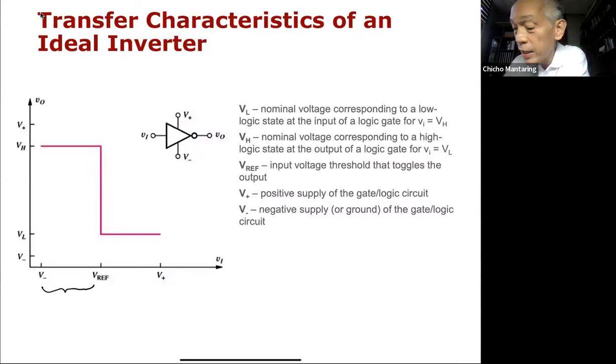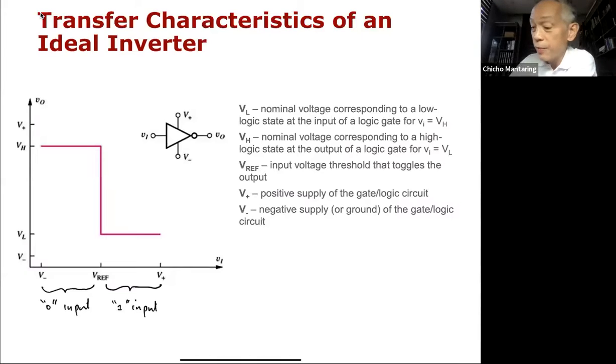This is my input, and this is my output. This is recognized as the range of my zero input. And this is recognized as my one input. And Vref is the threshold.